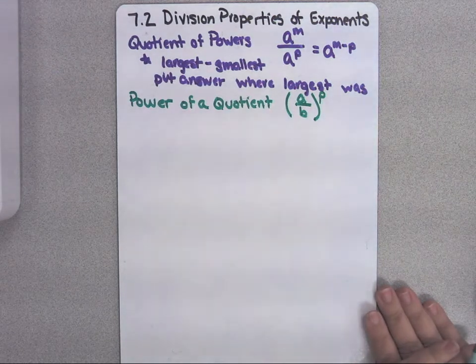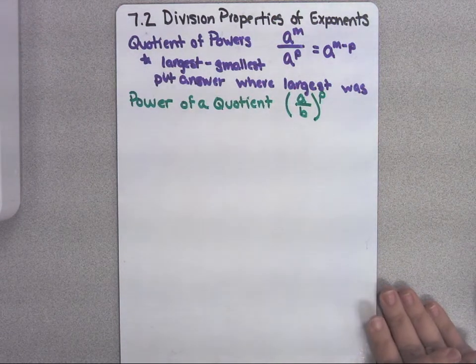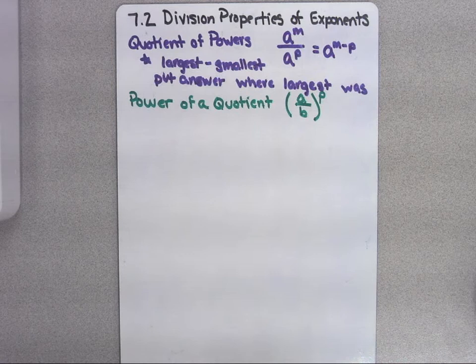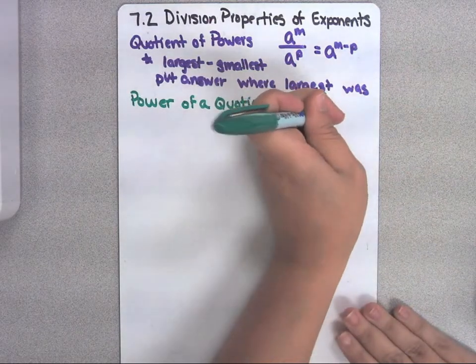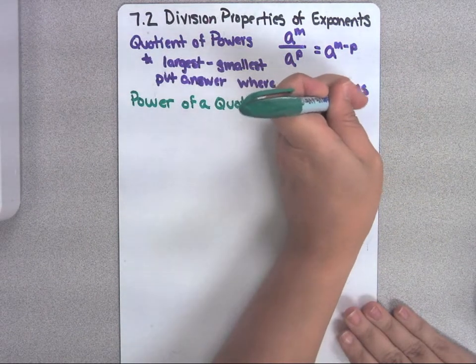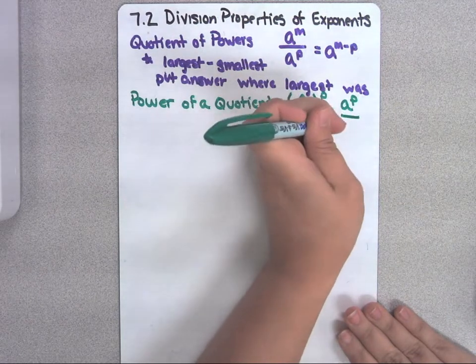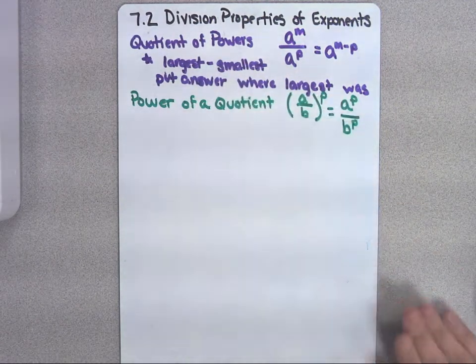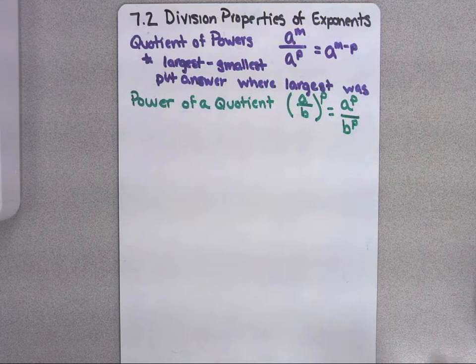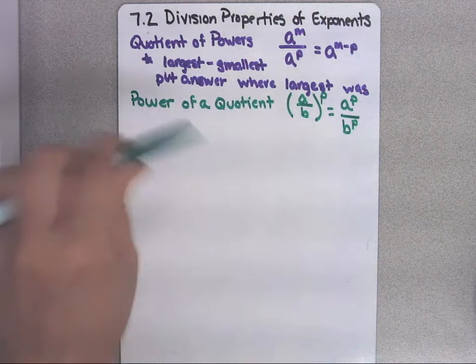I pick whatever variable I want. Again, when you have something on the outside, it goes to everything on the inside. So that includes top and bottom of the fraction. So a to the p power now, because it's p times 1, and then b to the p power. So that's just reminding you that you have to do it top and bottom. See, you basically already learned those ones.